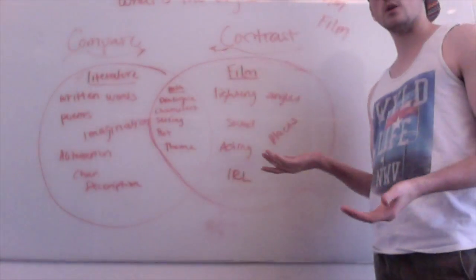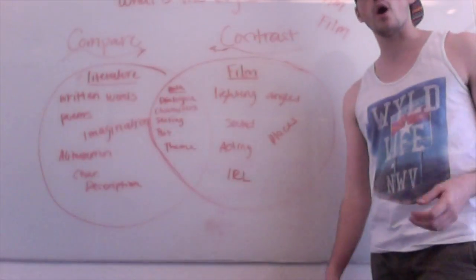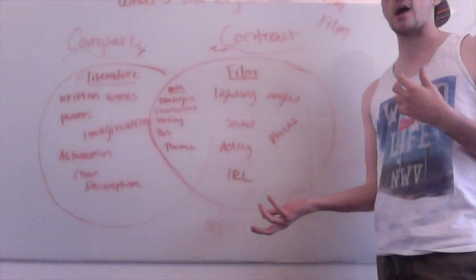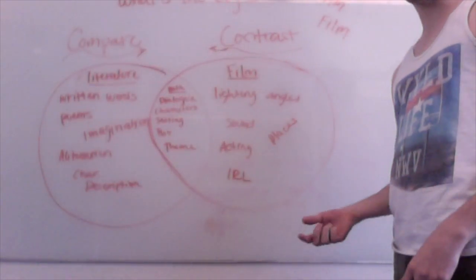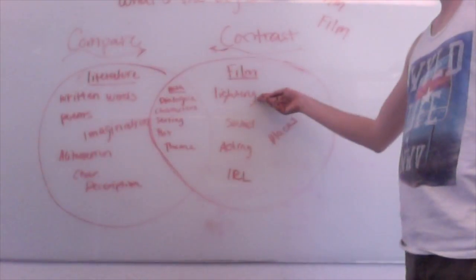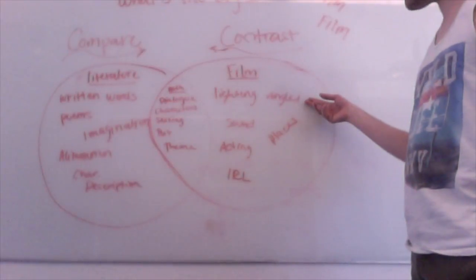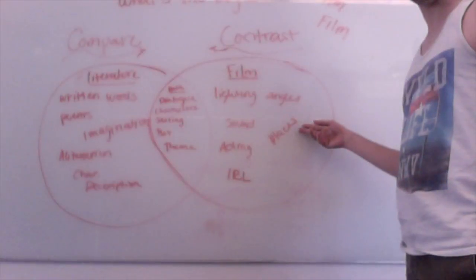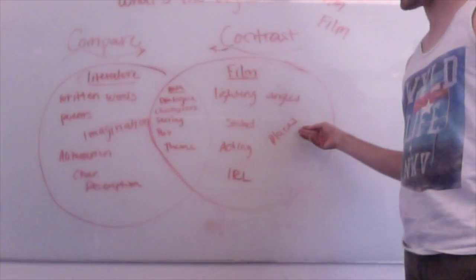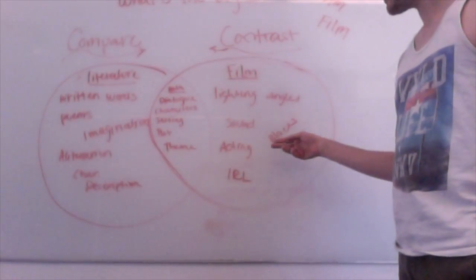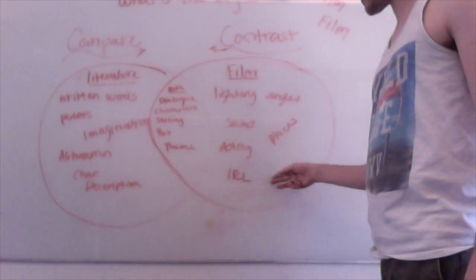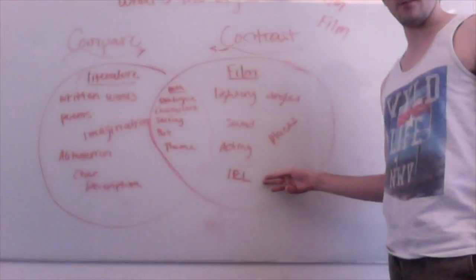So for your homework, you're going to be watching this movie Mulan, and while you're looking at the 13-minute video that I'll provide for you that will describe the entire story of Mulan, you're going to be looking for lighting, angles, the sound, the places that they are, which is kind of the setting, but it's a little bit different, the acting, and just looking at how it can adapt in real life.